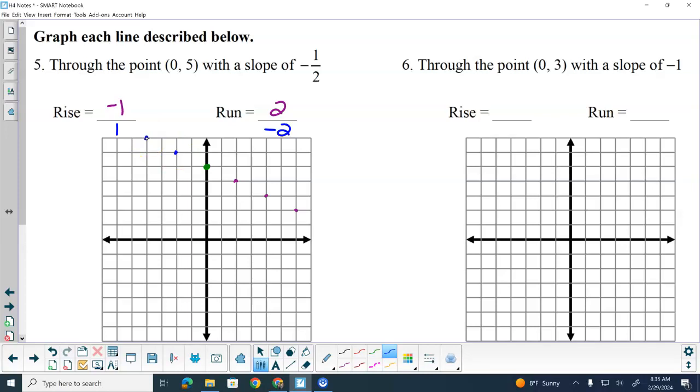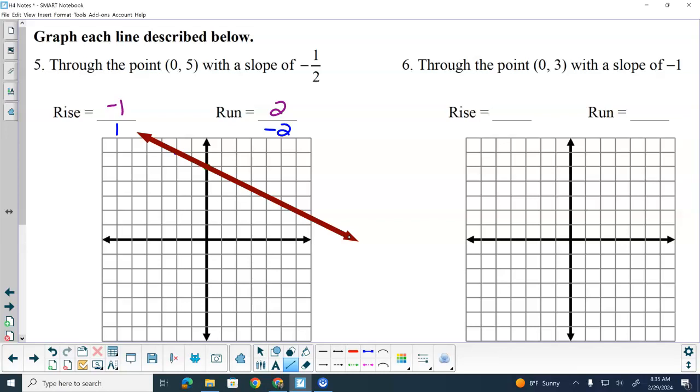Okay? But both of them can't be negative. Only one of them can be negative, because a negative divided by a negative is positive. Then we can draw in our line. Gets me there. Okay.